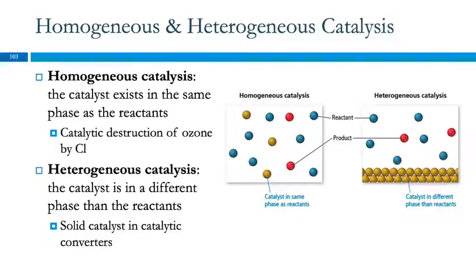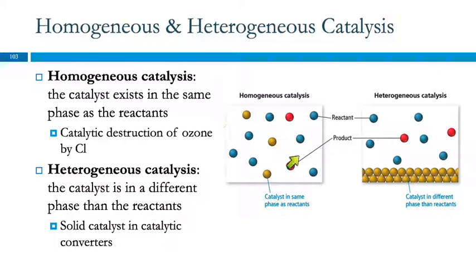There are different types of catalysis, homogeneous and heterogeneous. In a homogeneous catalysis, we have the catalyst being in the same physical phase as the reactants. So they're all in the solid state, or all in the liquid state, or all in the gas state. An example of this is the catalytic destruction of ozone.